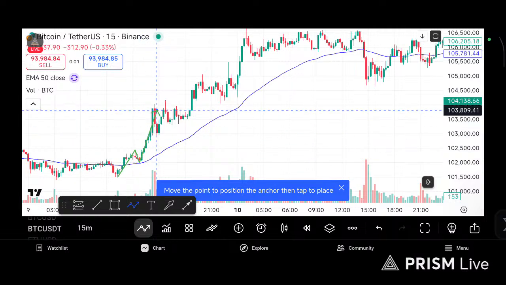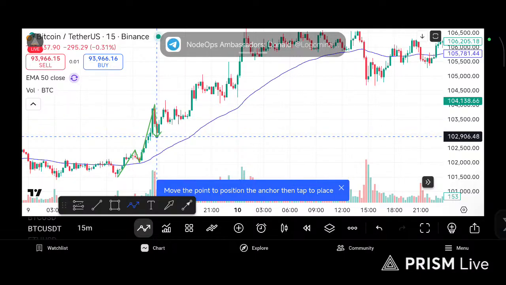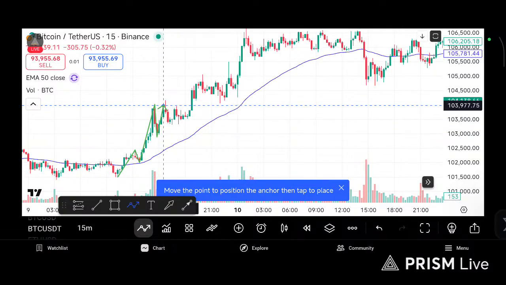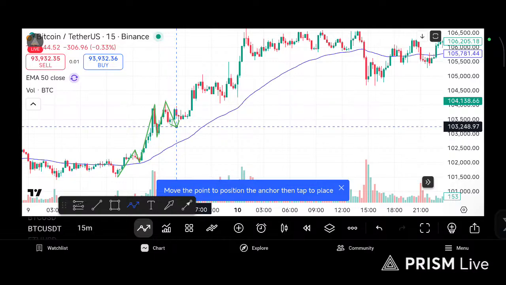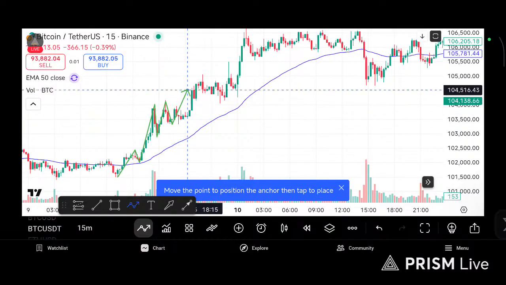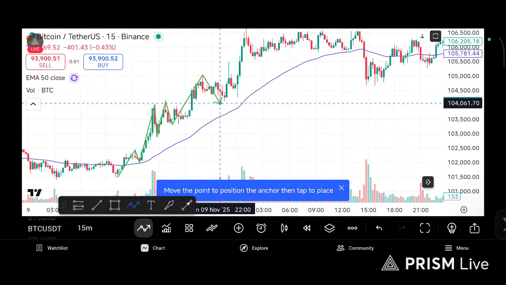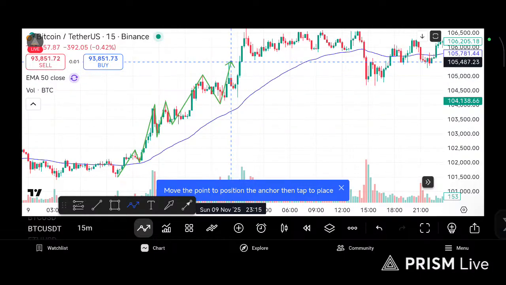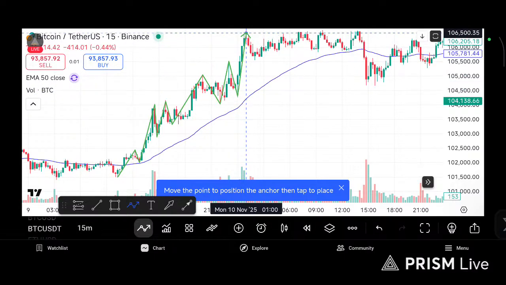From the higher high it forms another higher low, and the market goes up to this and comes back here, goes up to here and comes back here, because this one is longer. You see, it breaks another one, comes down here, then the market moves up.